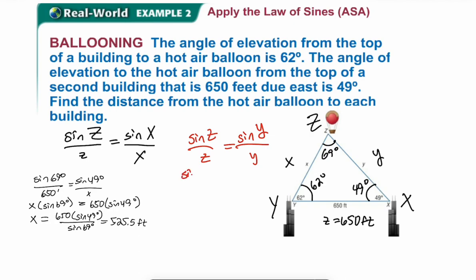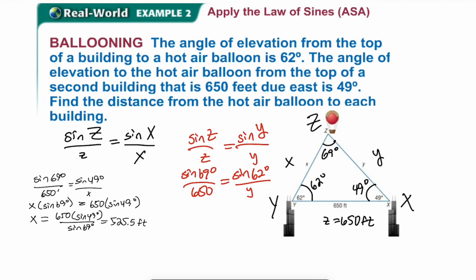That's the sine of 69 degrees over 650 equals the sine of y, which was 62 degrees, over little y. So that's going to be our setup to find little y.